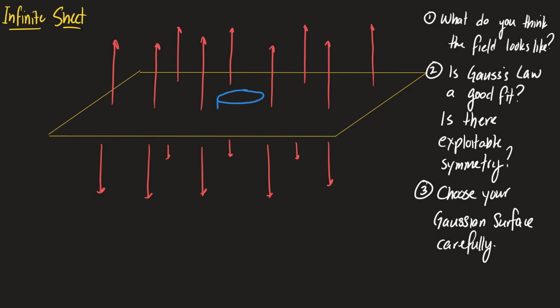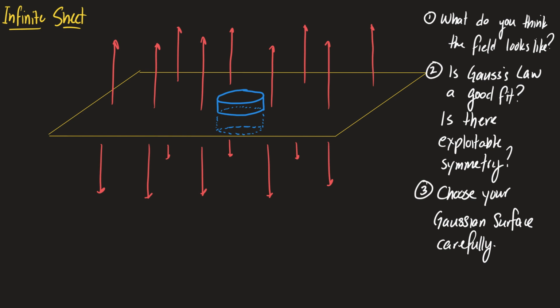And I chose a cylinder that cut through the surface and was half above the surface and half below the surface. Something like that. And I tried to make it equal distance both above and below the surface.